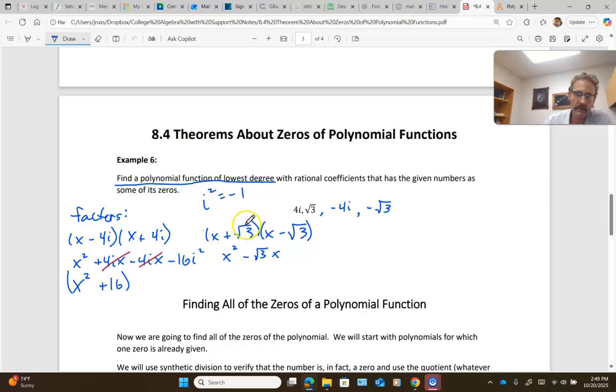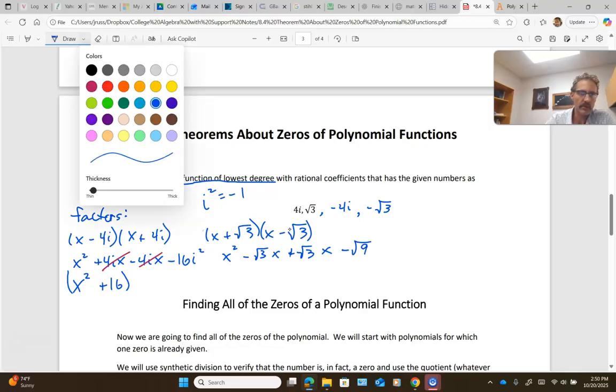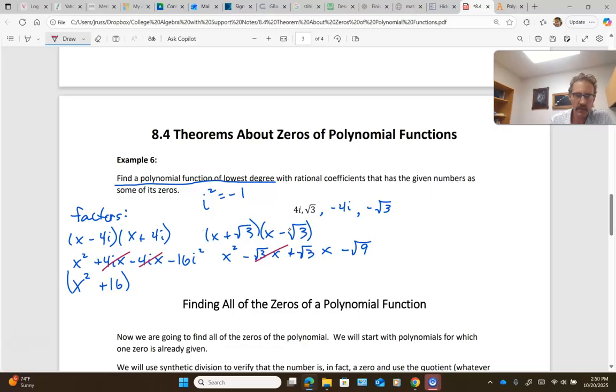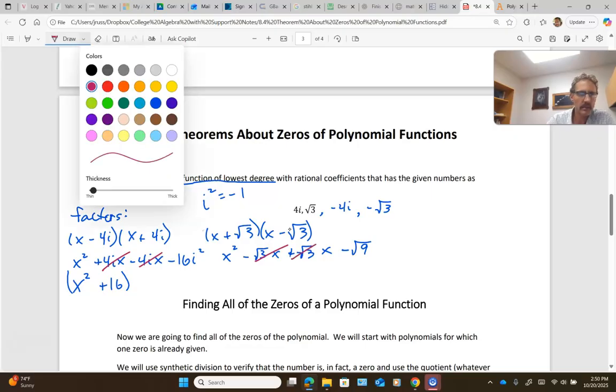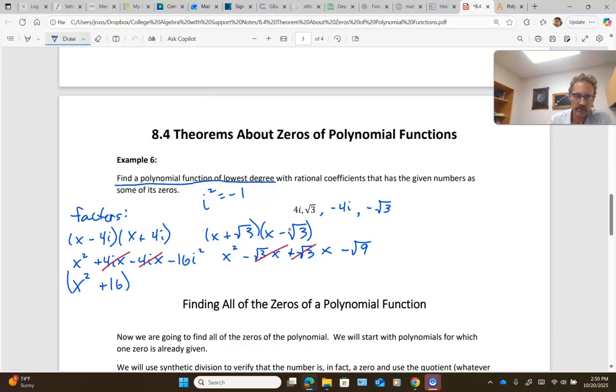And then right here, the square root of 3 times x will be positive. And then the square root of 3 times negative square root of 3 will be negative square root of 9. So again, those two middle terms cancel. We'll be left with x squared. The square root of 9 is just 3, so x squared minus 3.